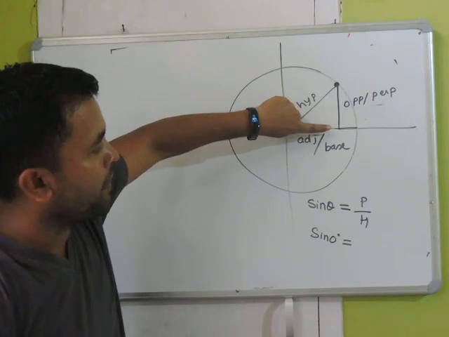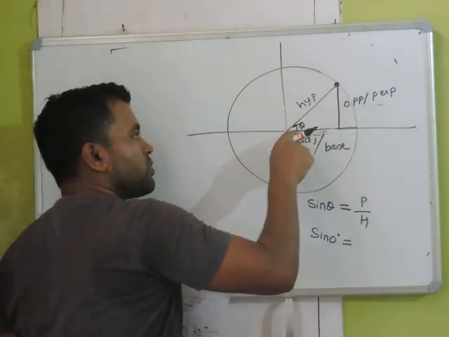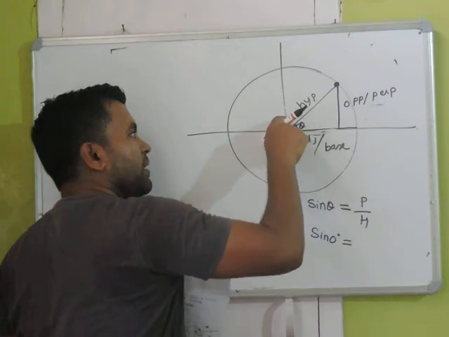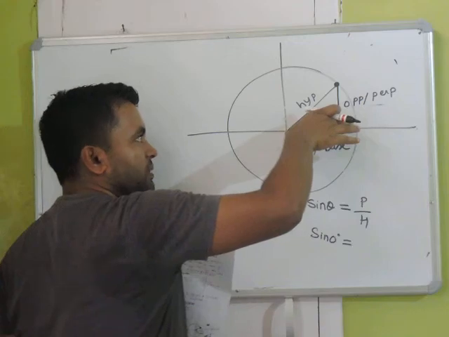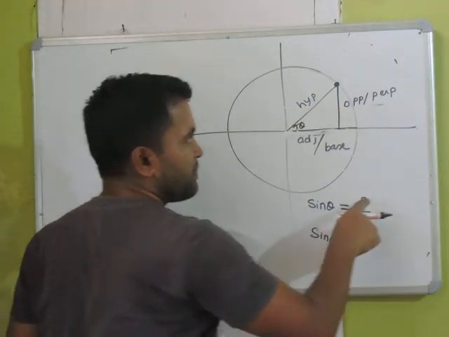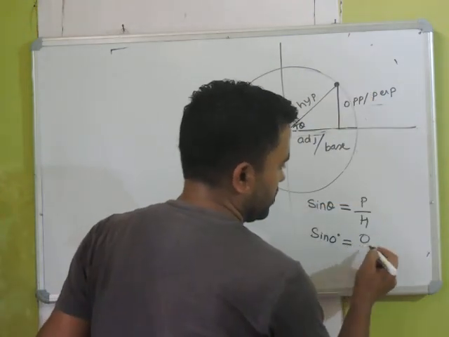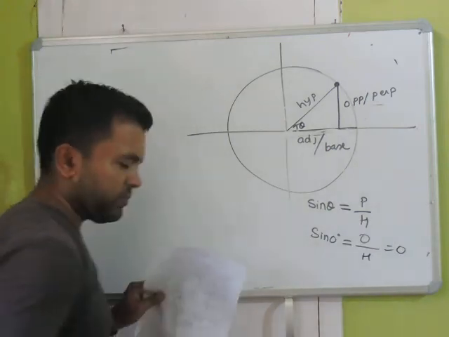Try to understand. 0 was here, and as you start moving, if you come here, it's 90 and so on. So 0 means this hypotenuse is lying here. In that case, the perpendicular length will be 0. Hypotenuse is there, so that's why it's 0.